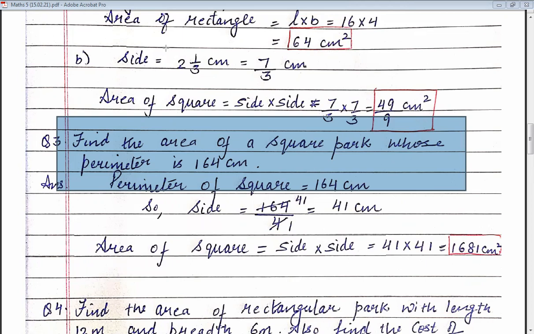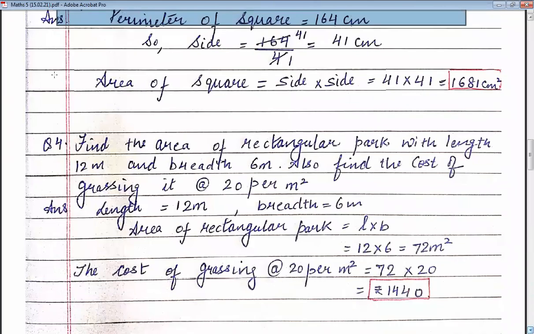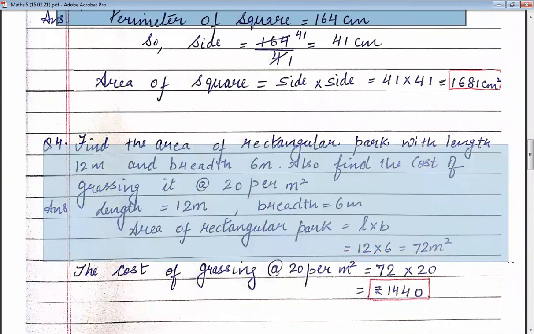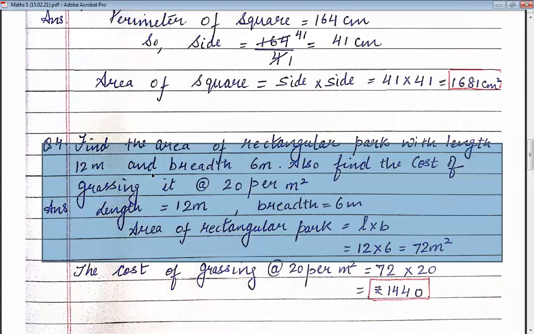Now let's move on to our question number 4. Now let's read the question carefully. Now find the area of rectangular park with length 12 meter and breadth 6 meter. Also find the cost of grassing it at the rate of 20 per meter square.